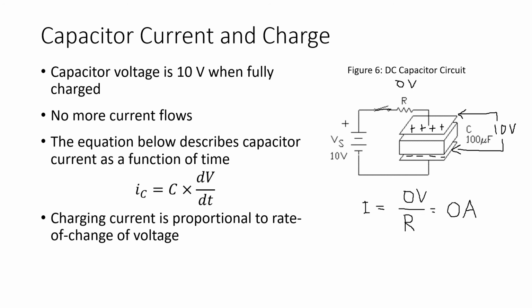The faster the applied voltage changes, the greater the current. The slower the applied voltage changes, the lower the capacitive current. So this presentation took us through the quantity capacitance, the construction of capacitors, and an introduction to capacitive circuits.